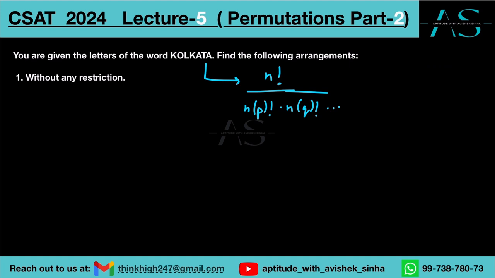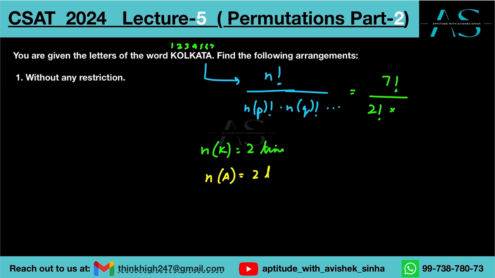What is the value for n? 1, 2, 3, 4, 5, 6, 7. 7 factorial upon what are repeating? K. So K is repeating how many times? 2 times. So 2 factorial into what else is repeating? A. So A is repeating 2 times. So into again 2 factorial.